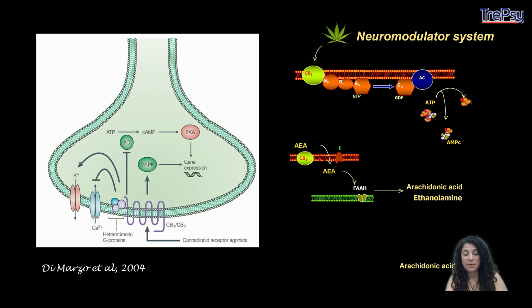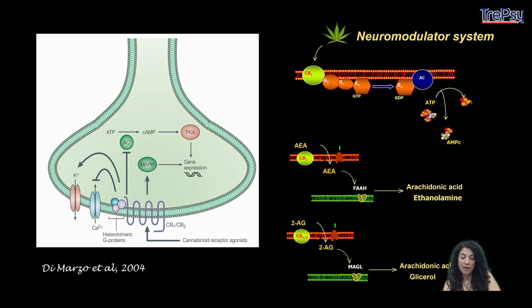When anandamide acts on the receptor, it is transported into the cell through specific transporters, and then its degradation is by the specific enzyme FAAH. This enzyme degrades anandamide into arachidonic acid and ethanolamine.